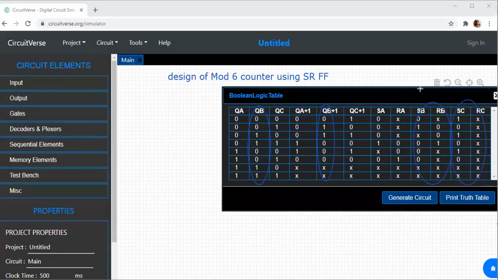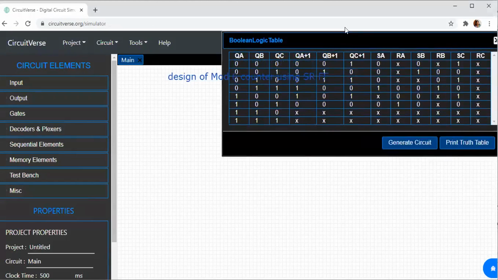Then SC and RC. So we have to write it like this. So now let us write the truth table. Let us write the K-map since we already have the truth table. Now I'll be writing the K-map for SA and RA. Again for SB, RB, SC and RC, I'll be leaving it as an exercise for you.